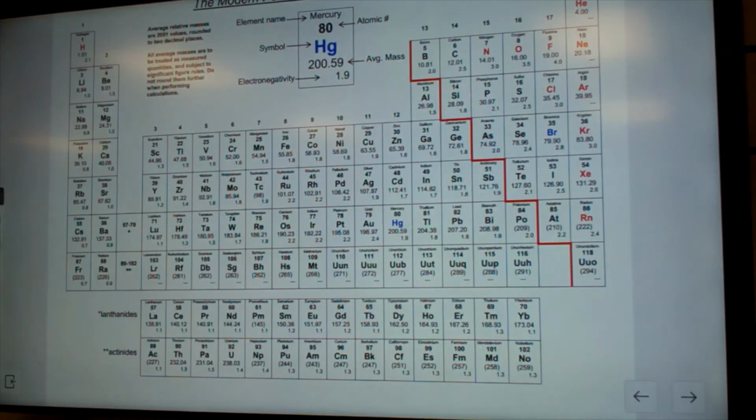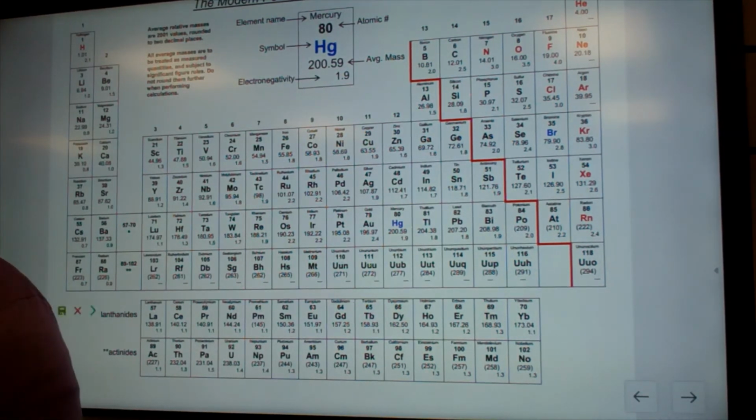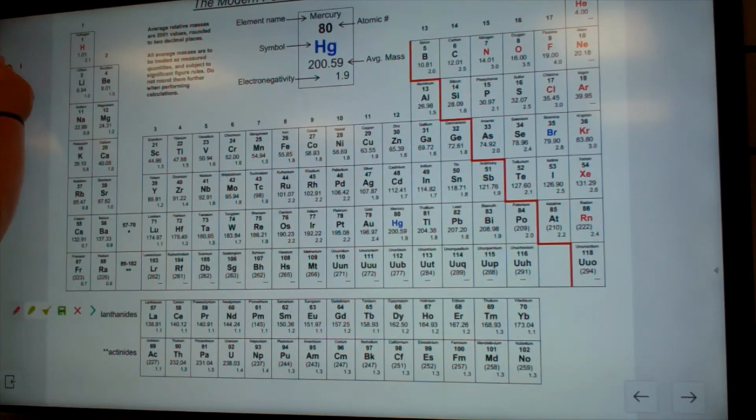So in this, say I give you the quantum numbers.